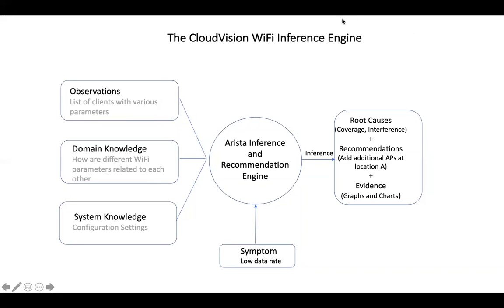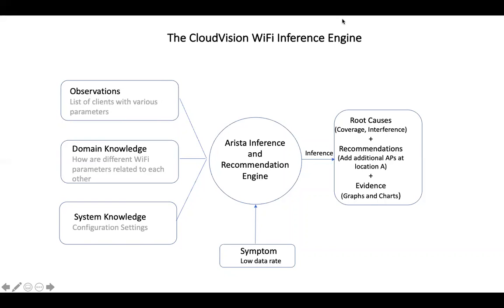A symptom is an externally observable parameter that indicates if something is wrong with the system and the clients. Some common symptoms in a Wi-Fi environment are low data rate and poor application experience. The inference engine looks at the observations and infers which of the many root causes are responsible for one or more of the symptoms.